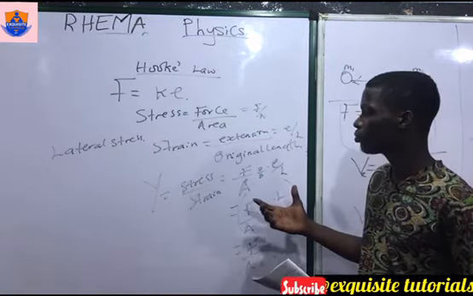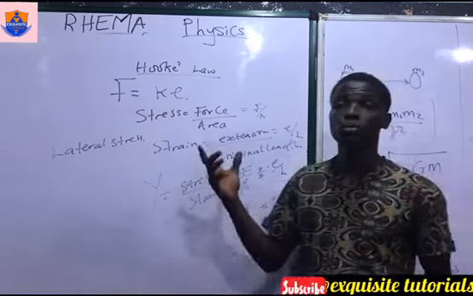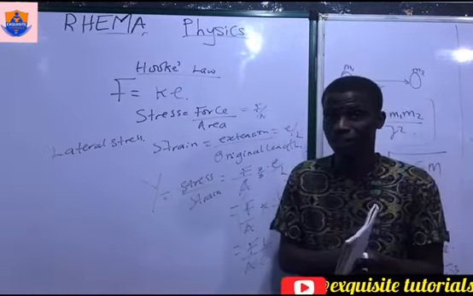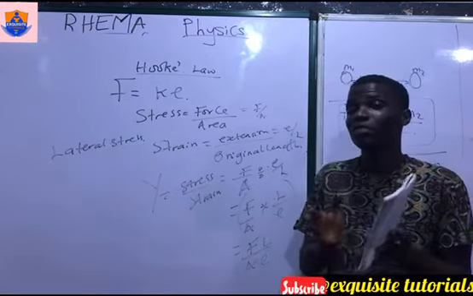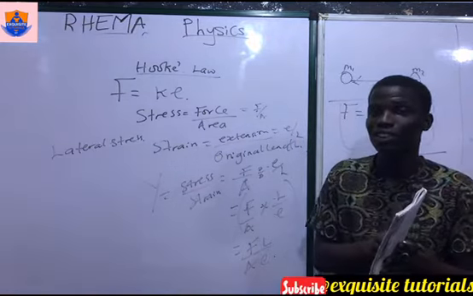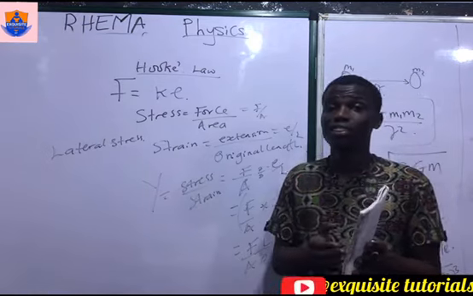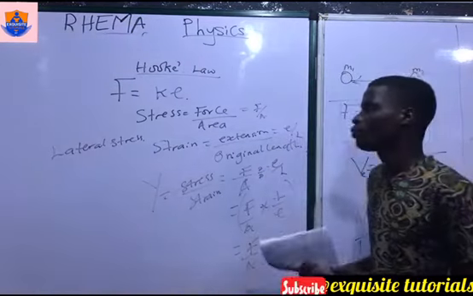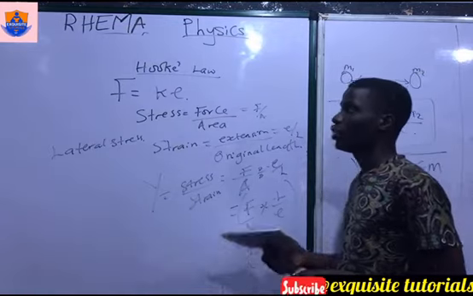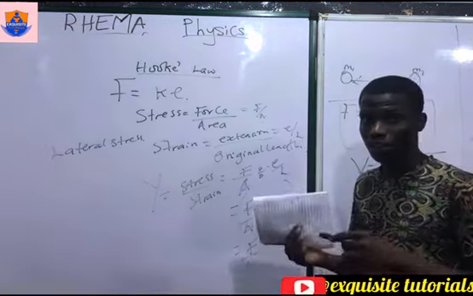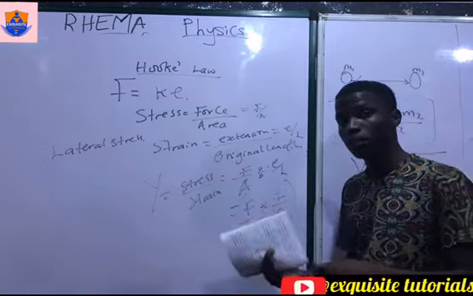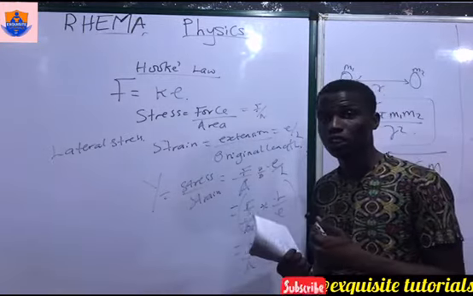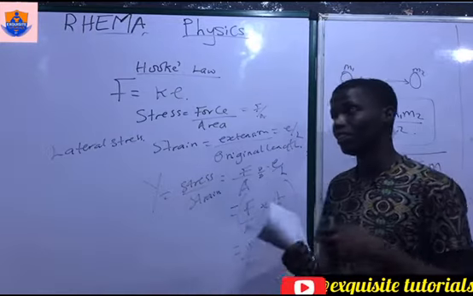Then I told you that a body will always remain within its elastic limit when the force you are applying to it doesn't become so great that it can distort that body. So in elasticity, there's a limit called the elastic limit. It is the limit where a body will definitely return to its original shape when you stretch it out.